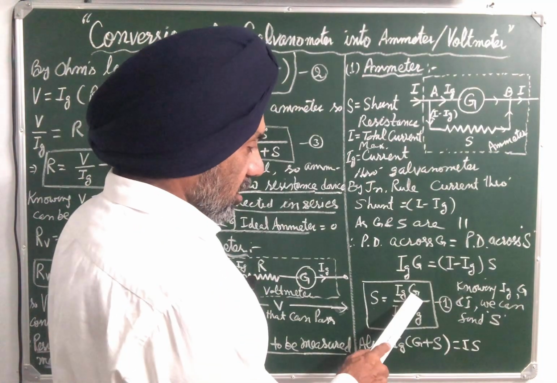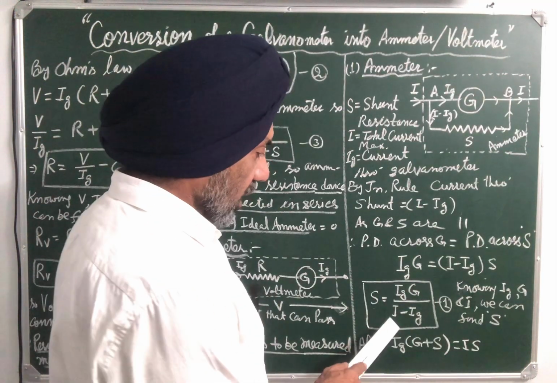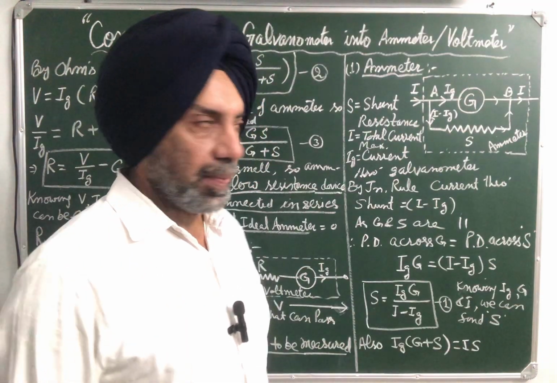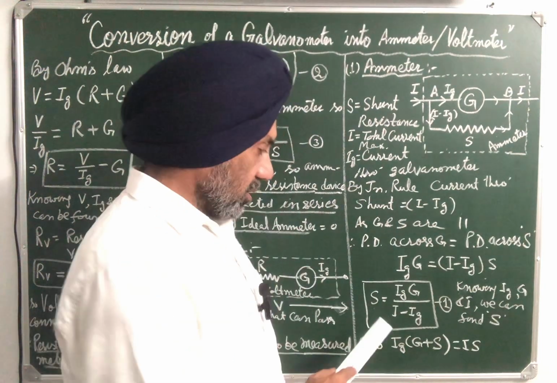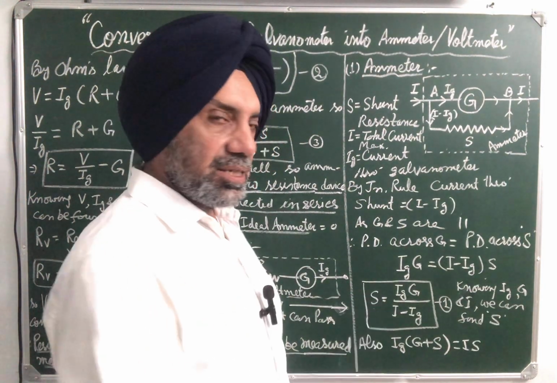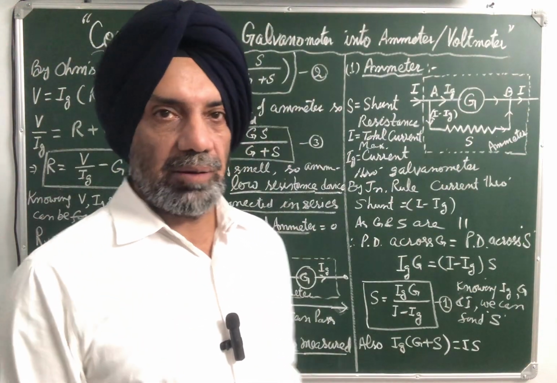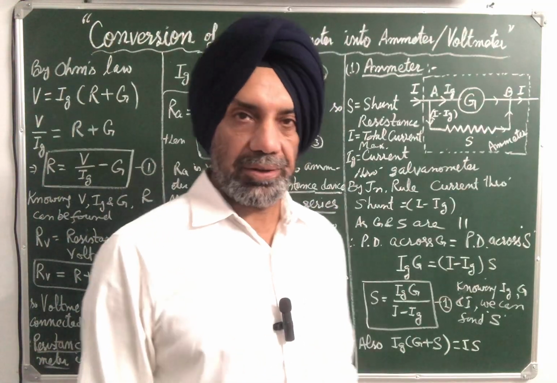So knowing the resistance of galvanometer, Ig, the maximum current that can pass through the galvanometer, and the total current that is to be measured, we can find shunt resistance S. And by connecting a wire of resistance equal to the shunt resistance parallel to the galvanometer, we can convert the galvanometer into an ammeter for the desired value of current I.